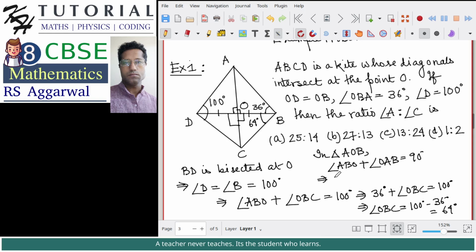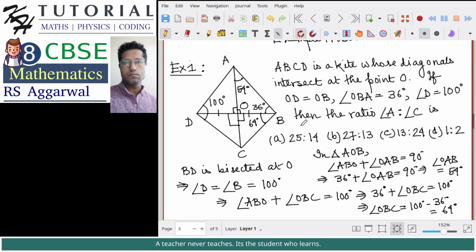Angle ABO is 36 degrees, so 36 degrees plus angle OAB is 90 degrees. So angle OAB should be equal to 90 minus 36, that is 54 degrees. Angle OAB must be 54 degrees.